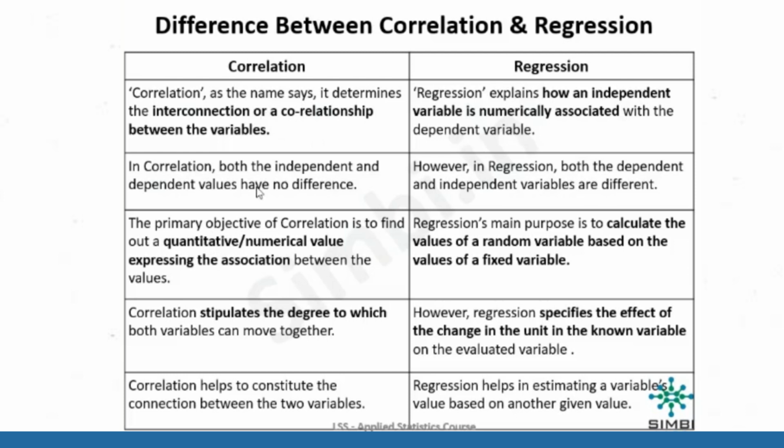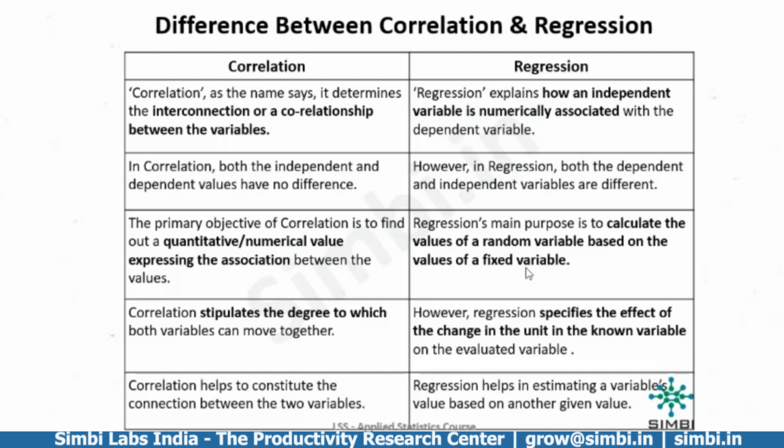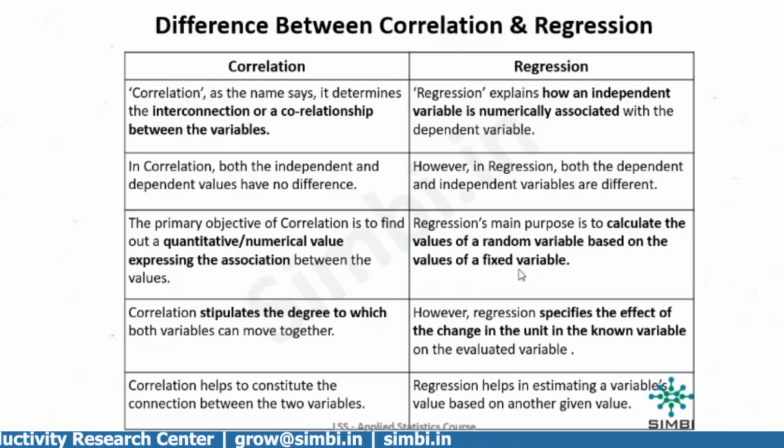The main objective of correlation is to find a quantitative or numerical value expressing the association between the values. The purpose of regression is to calculate the values of a random variable based on the values of a fixed variable. Correlation stipulates the degree to which both variables can move together.